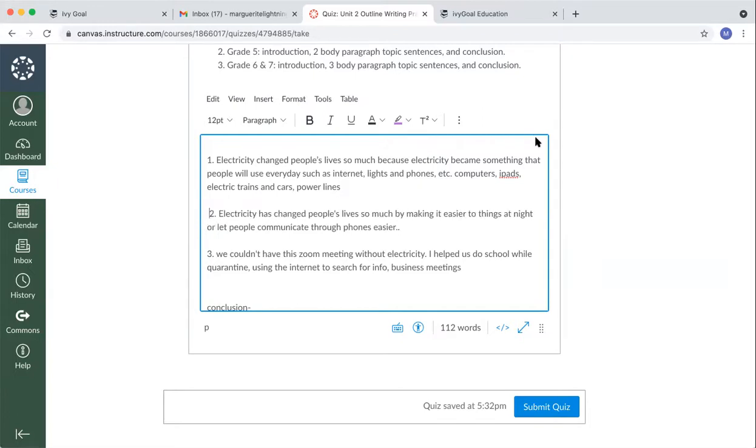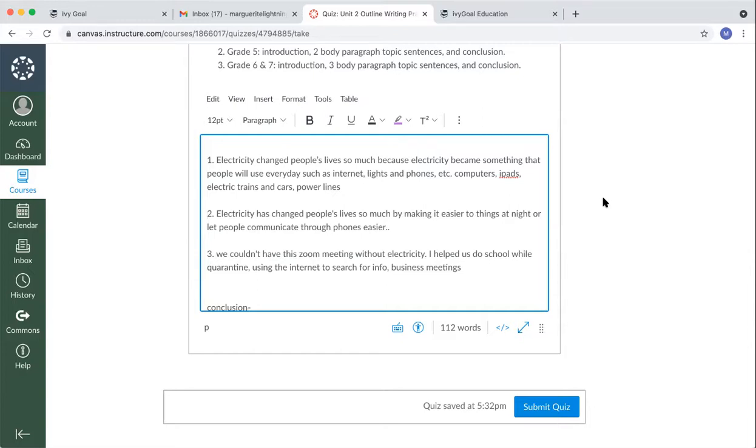Okay, lots of 2. I see a 1. Number 2, lots of 1s and 2s. Okay, good. Okay, no worries.